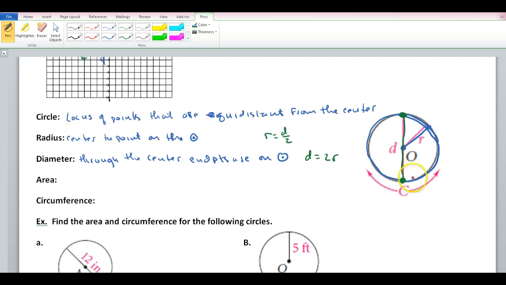Now, the area of a circle, it's actually an interesting formula on how it comes up. The formula is pi times the radius squared.